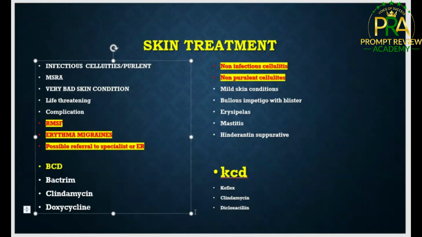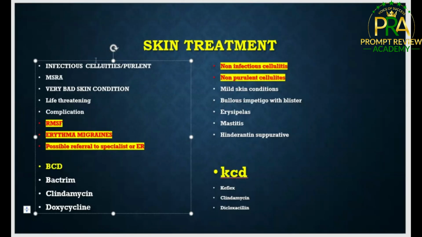In cases like that, your first line of treatment is usually BCD. Any of those high risk life threatening conditions where if I don't do something, it can be highly infectious.